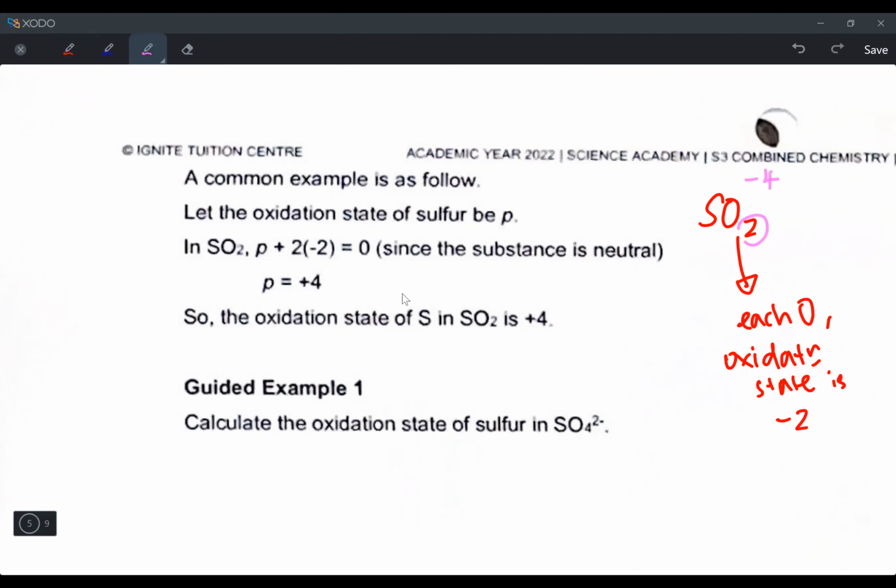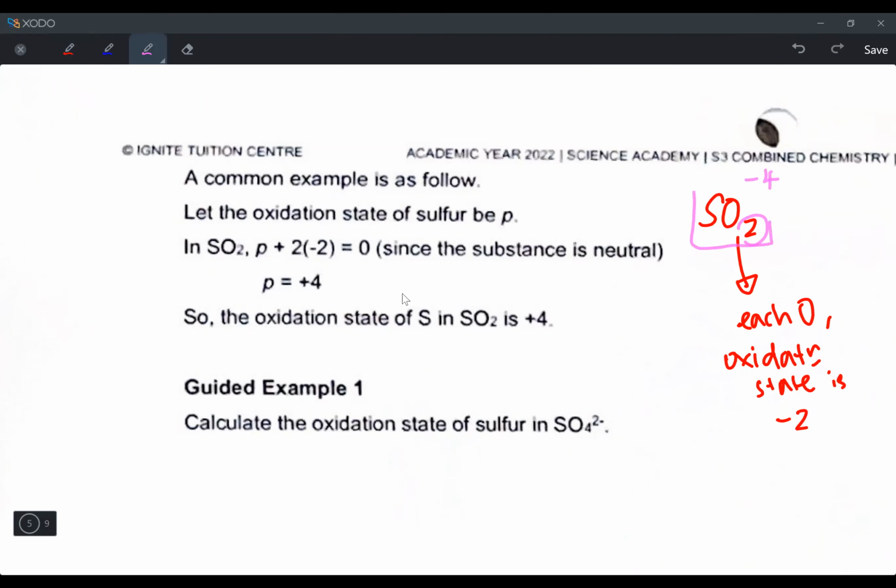In a compound, the oxidation state must be balanced, so if the oxygen part is -4, my sulfur will be +4 so that they cancel each other out. So the oxidation state of S is +4.